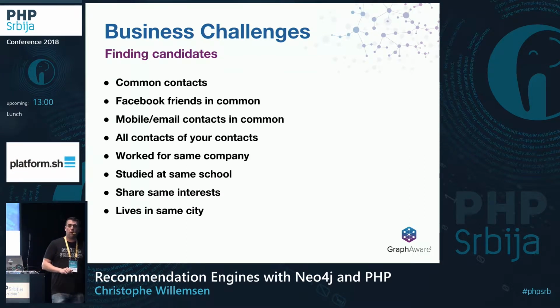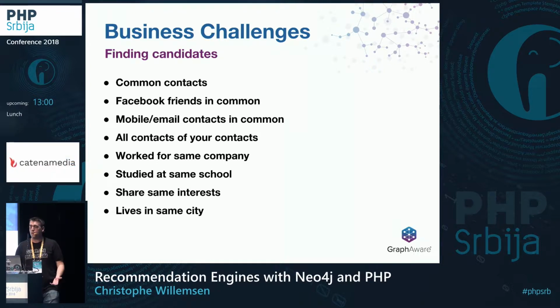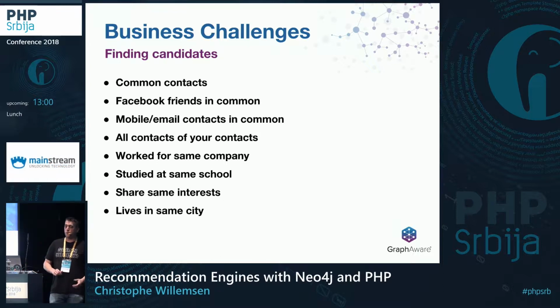There can be a lot of different ways of doing that. It can be common contacts on LinkedIn, Facebook friends in common, for example, if you have access to some phone features, mobile email contacts in common, contacts of your contacts.